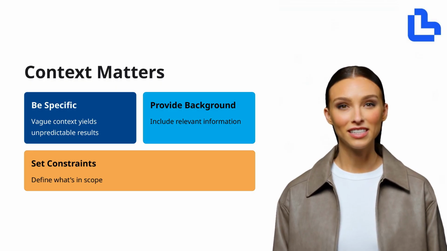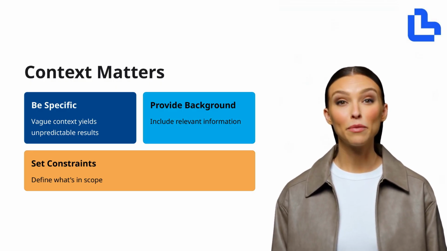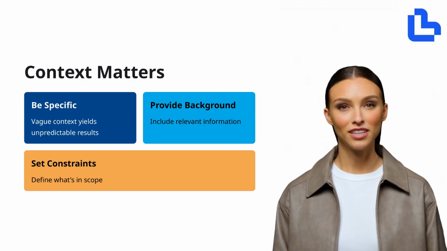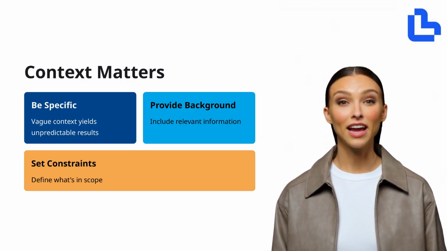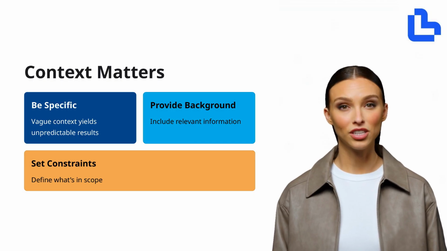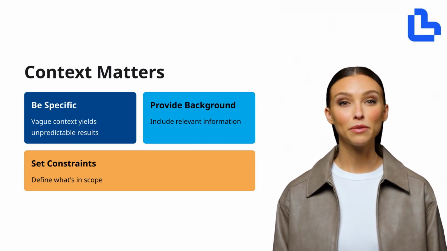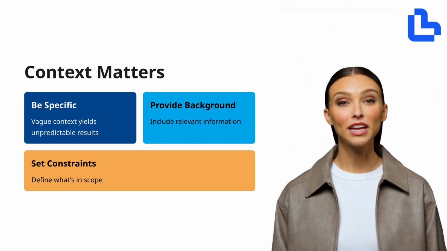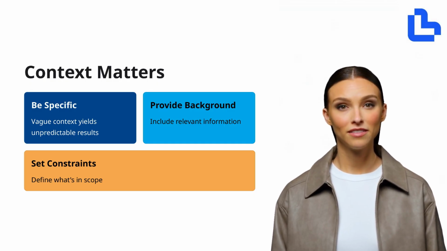That's why specificity is your best friend. The more clearly you define the situation, the better the AI can align its response with your expectations. Start by being specific. Instead of saying summarize this, say summarize this for a senior executive who only has 30 seconds to read it. That one detail changes everything.